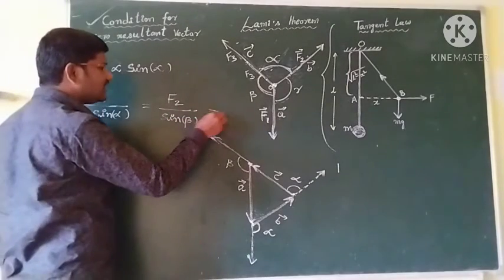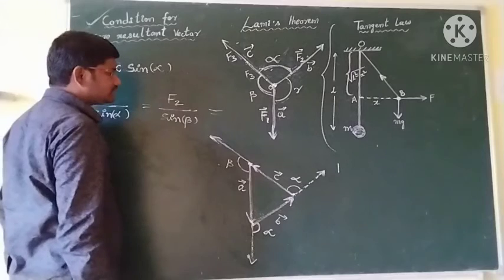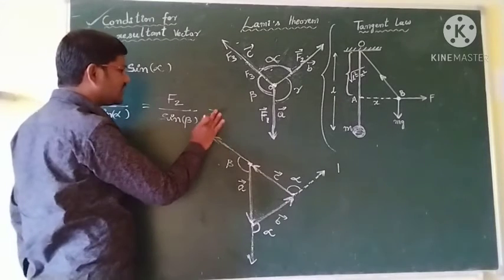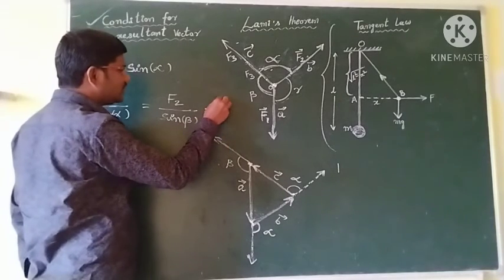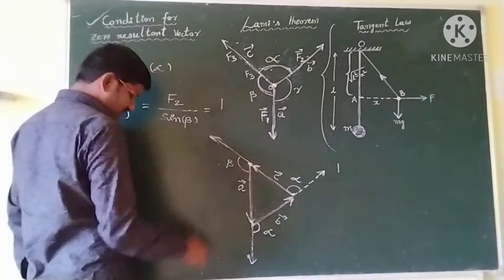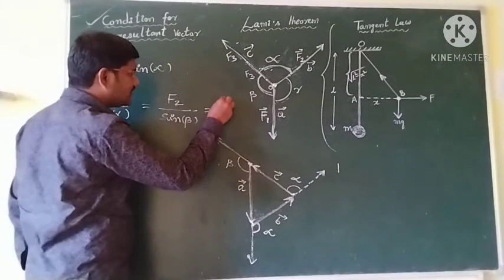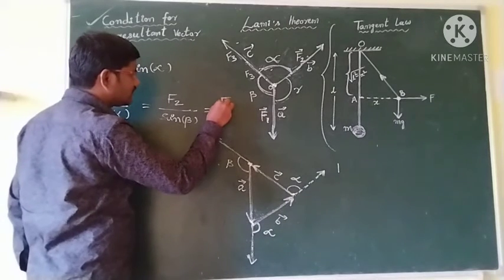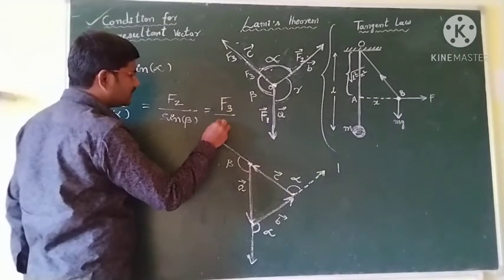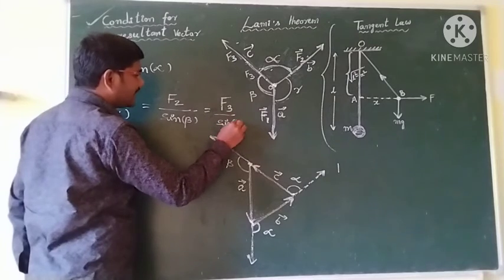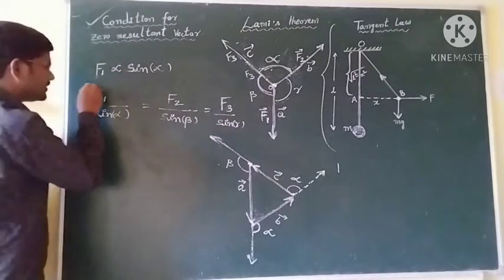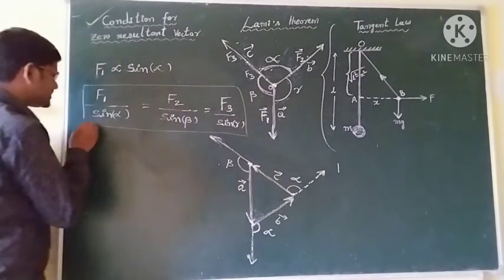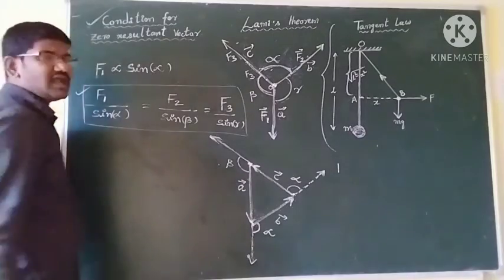And similarly you can write F3 is directly proportional to sine gamma. This always remains constant. This is the statement of Lami's theorem.